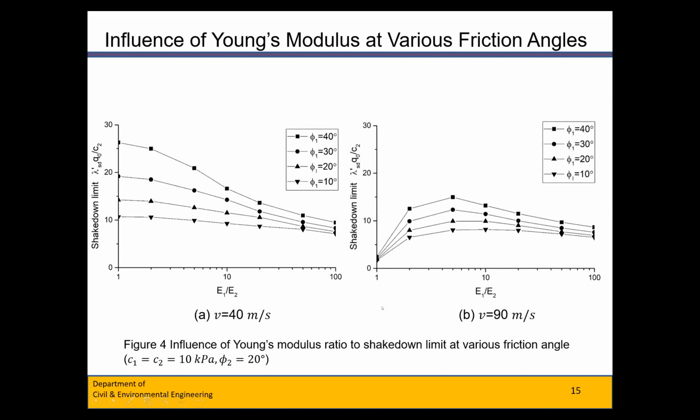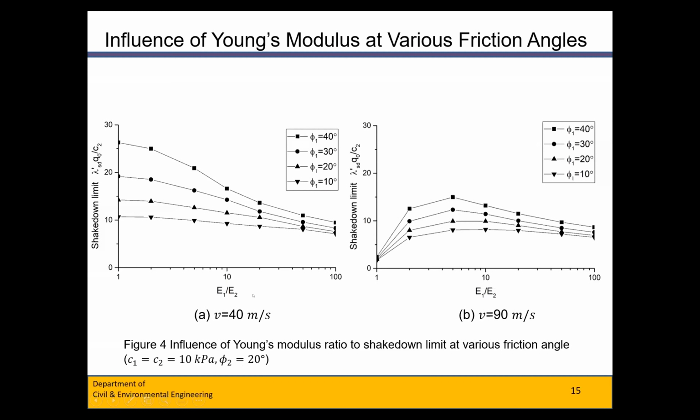Okay, now let's talk about the influence of the Young's modulus at various friction angles. Here the cohesion for the two layers is the same, which is 10 kilopascal, and the friction angle for the subsoil, phi 2, is 20 degrees here.